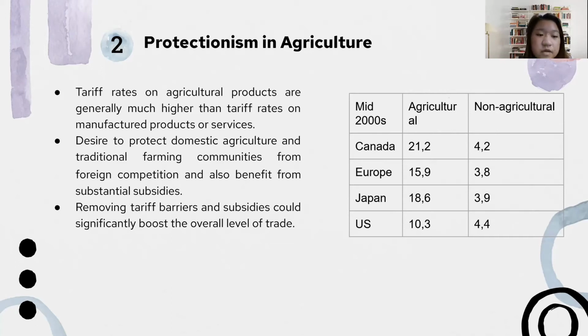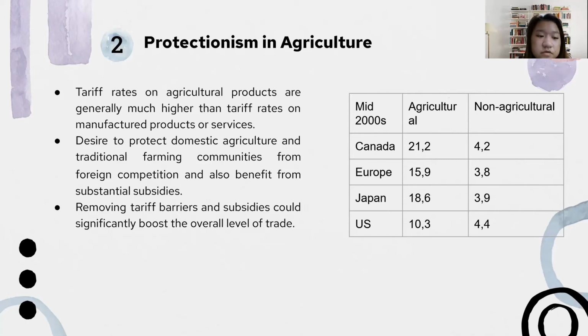Consumers are paying higher prices for agricultural products, which leaves them with less money to spend on other goods. On the other hand, high tariff rates on agricultural products reflect a desire to protect domestic agriculture and traditional farming communities from foreign competition, and they also benefit from substantial subsidies.